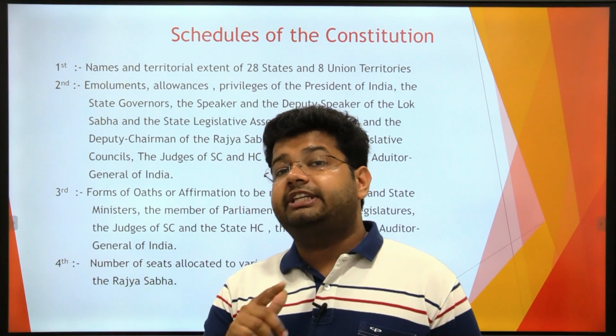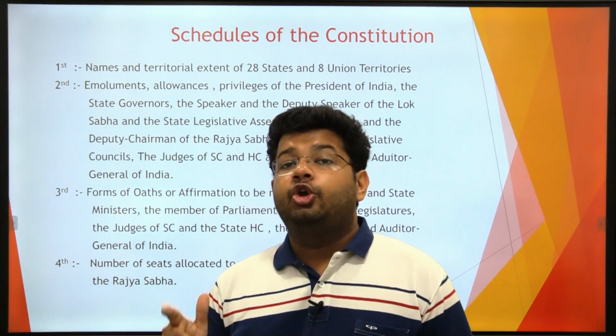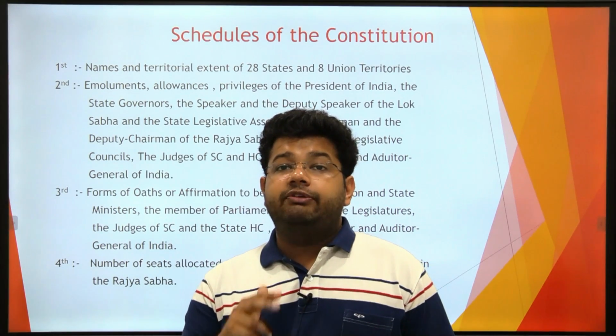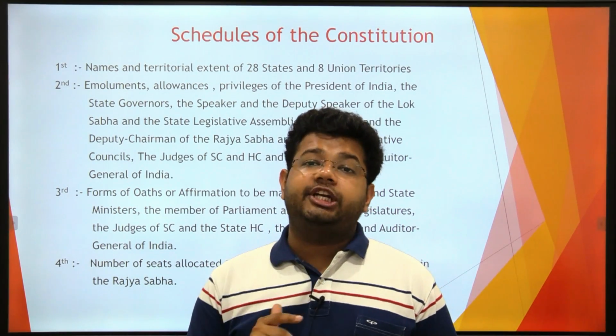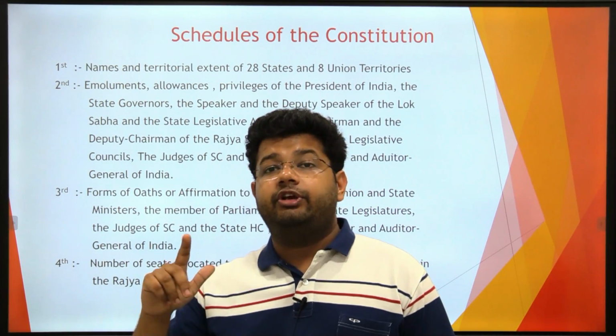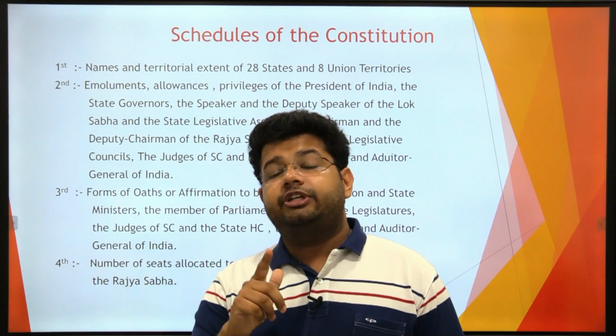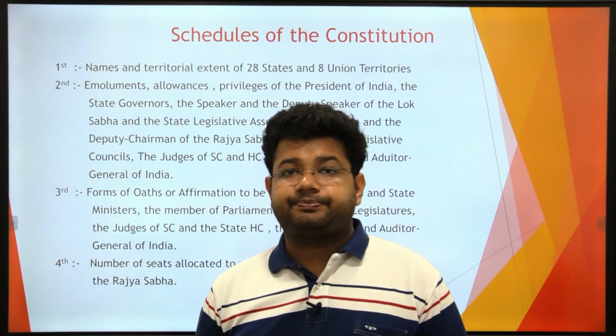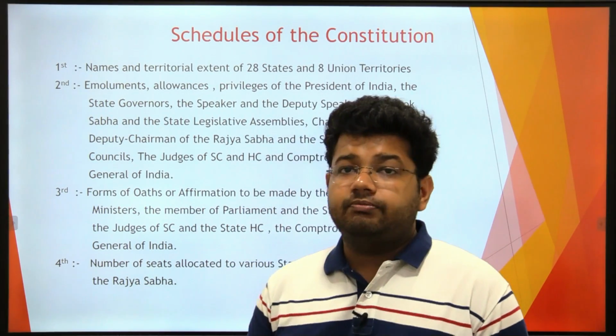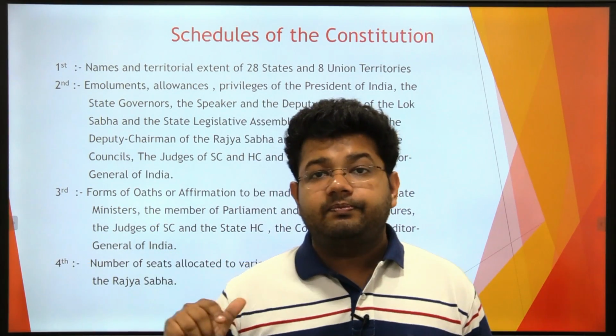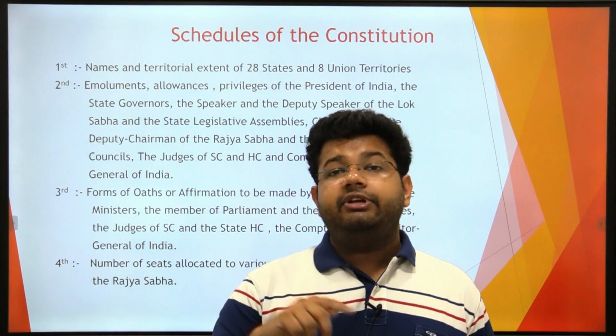with the making of the state of Jammu Kashmir into union territory, there were addition of 2 union territories, which was union territory of Leh and Ladakh and the union territory of Jammu and Kashmir, which took the earlier number to 9, from 7 to 9.